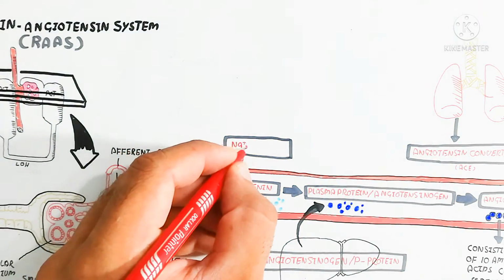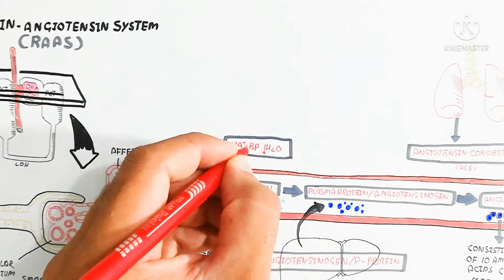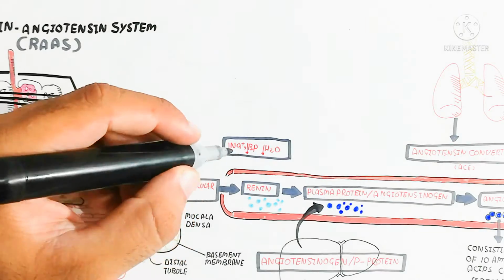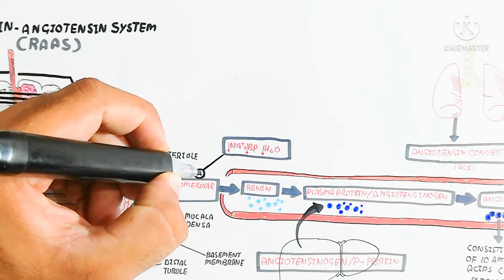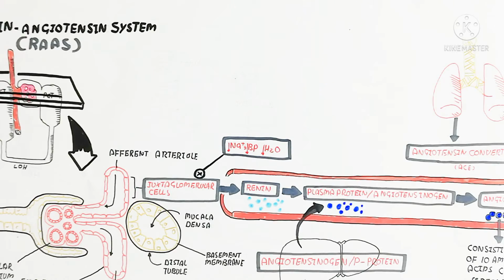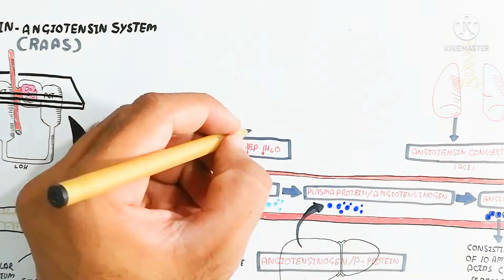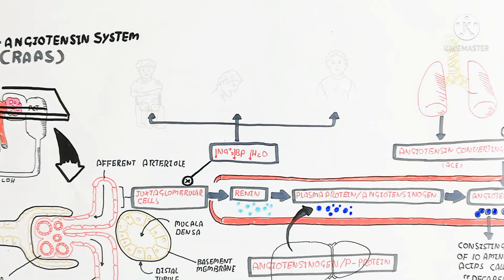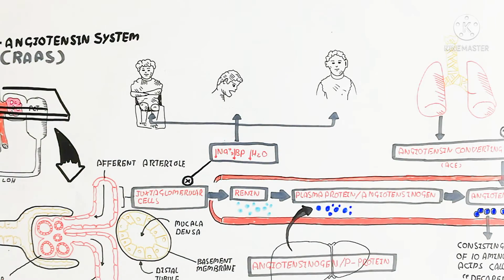So here, when sodium, blood pressure and water decrease, it will lead to increased juxtaglomerular cells stimulating the renin production, angiotensin 1, angiotensin 2, and that means the blood pressure will be maintained again, and sodium uptake or reabsorption of the water will lead to increased blood pressure.